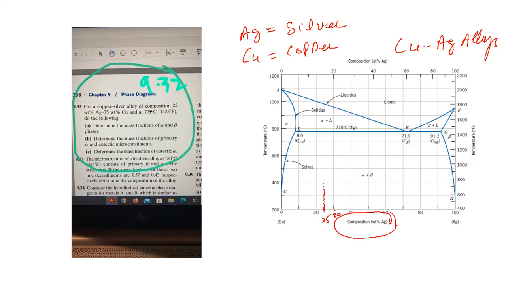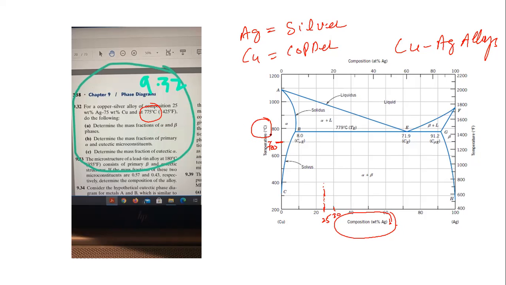Say the temperature is 775. This is 700, but it is shown in degrees centigrade, so 775 degrees centigrade.